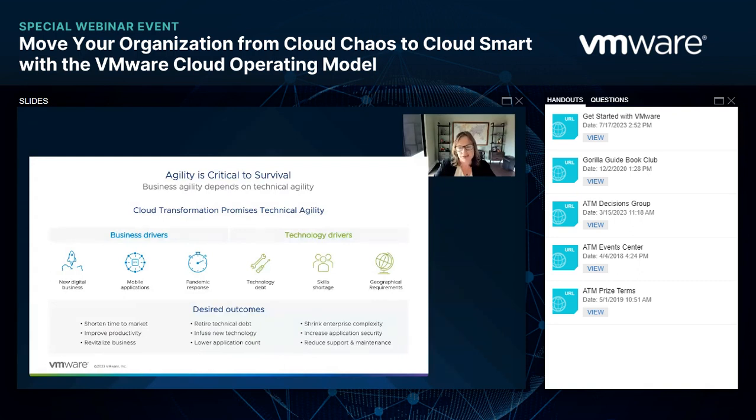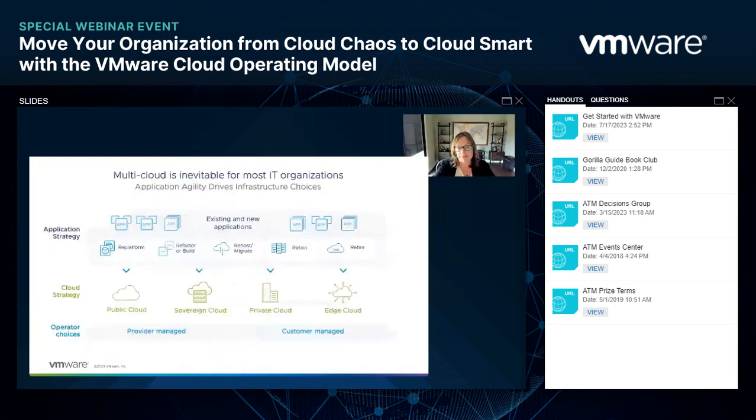But it also has technology drivers in being able to maybe quickly reduce the technology debt of on-premise data centers and address a skills shortage that has been here forever, but got more prevalent during the pandemic. So not only is the use of cloud services inevitable, but also the use of multi-cloud services is inevitable for most IT organizations.